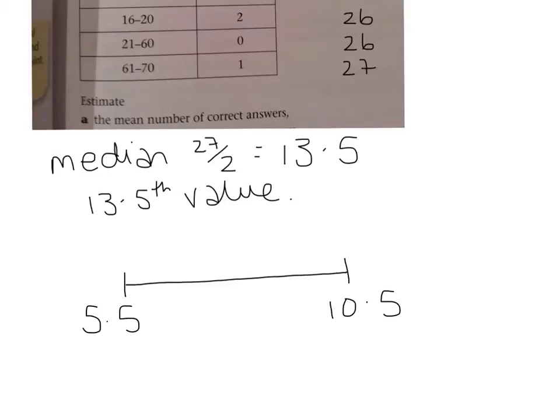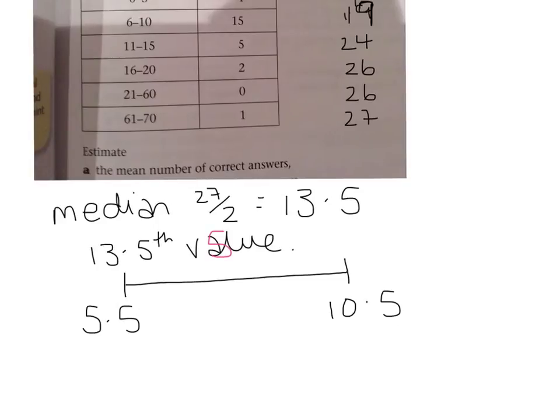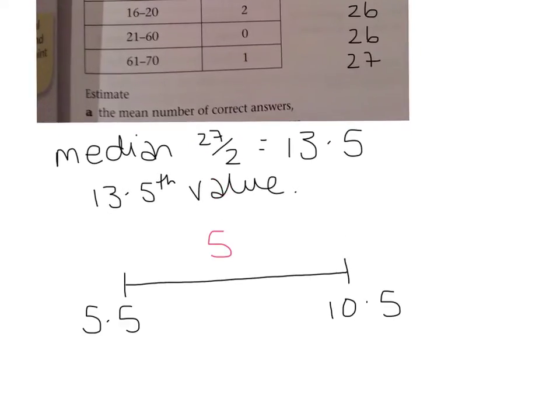So the size of that group from 5.5 to 10.5 is 5. And if you check back in your table, that group is divided into 15 people. So each person, if I were to put them in a nice row along, the distance between them would be 5 divided by 15.